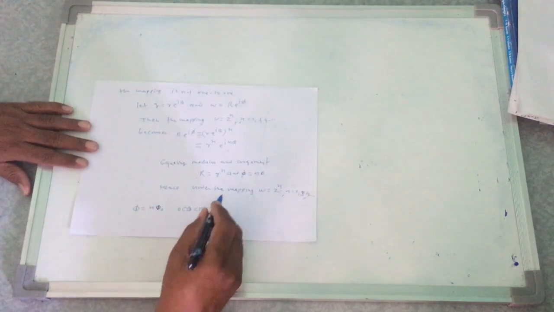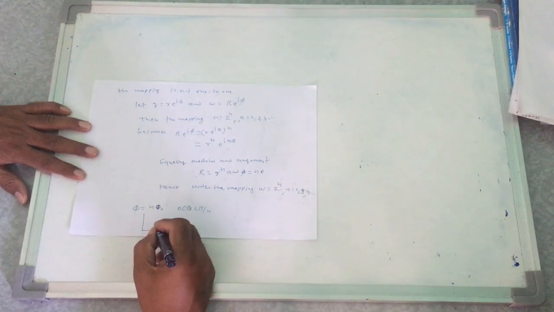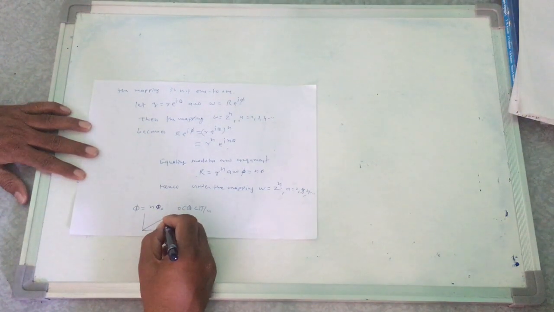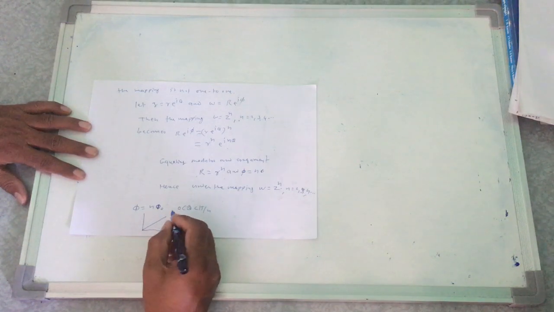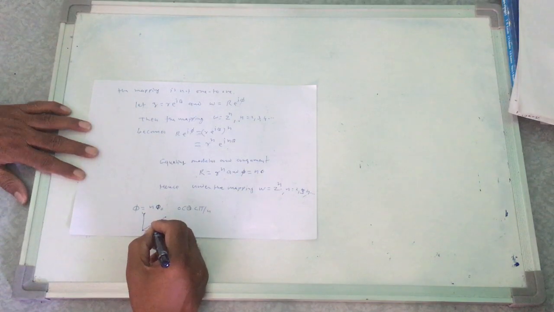We can show this upper half region. This is x, this is y, this is pi by n, this region, this is origin.